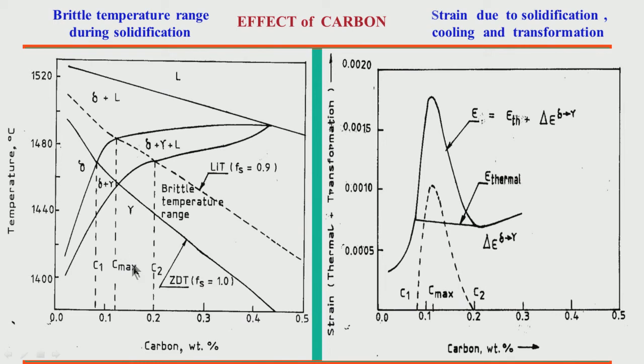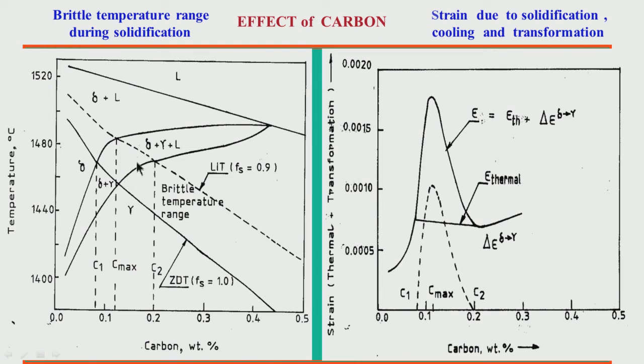at carbon concentration near C max, where the delta to gamma transformation is starting here at around 0.9 solid fraction, and it is almost complete towards the end of solidification. That means, just see what is happening here, the entire delta to gamma transformation is taking place within this brittle temperature range.